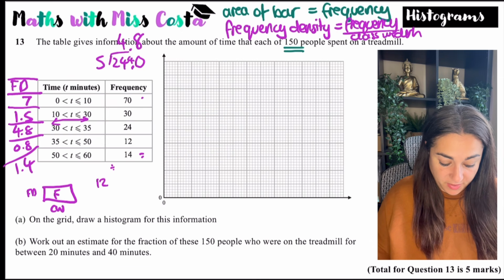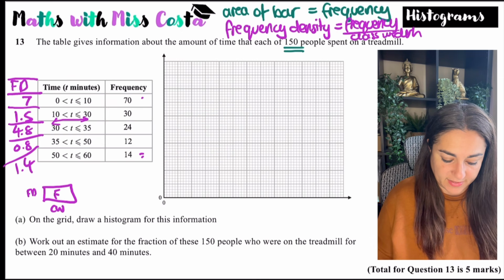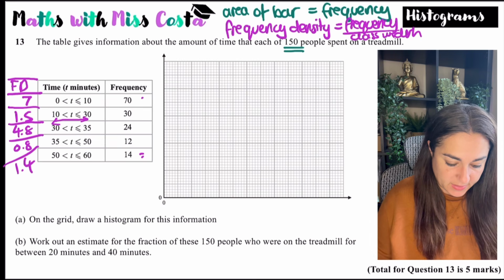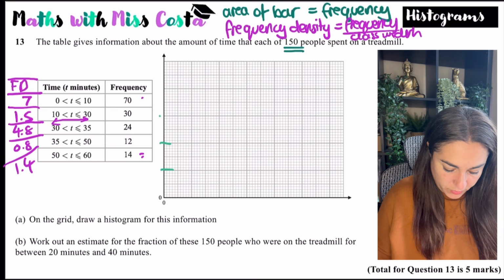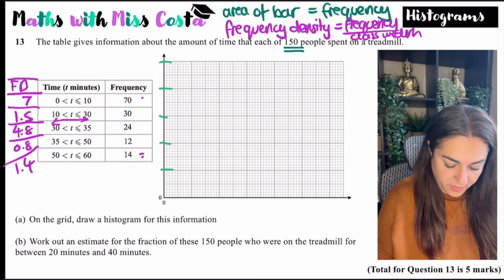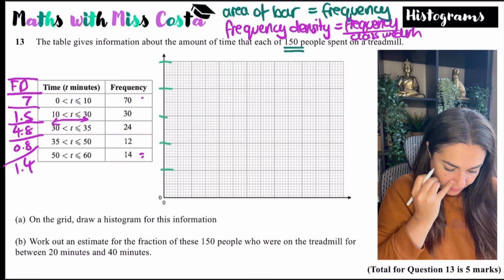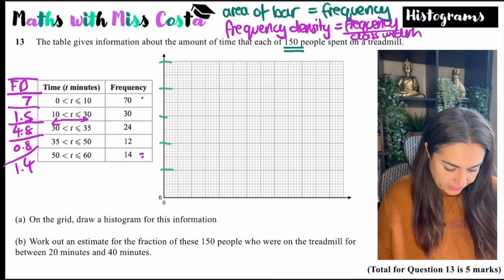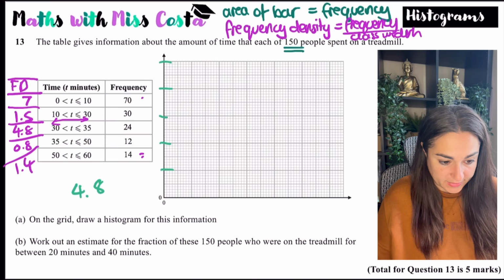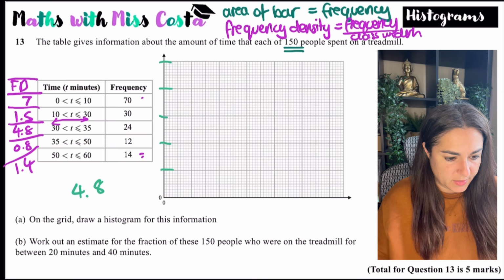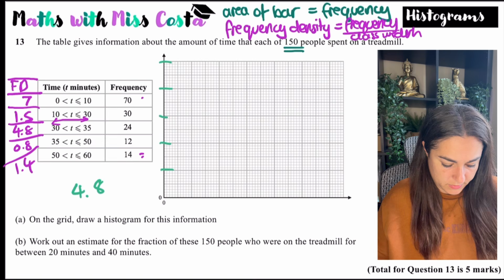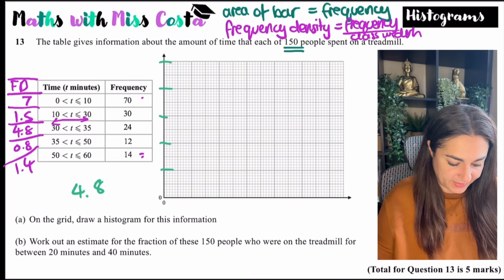Because I've been given nothing on this histogram, I'm going to need to decide what the scale is going to be. So I have 1, 2, 3, 4, 5 big blocks, and I know that my frequency density goes up to 4.8 is the highest value. No, it isn't. 7 is.